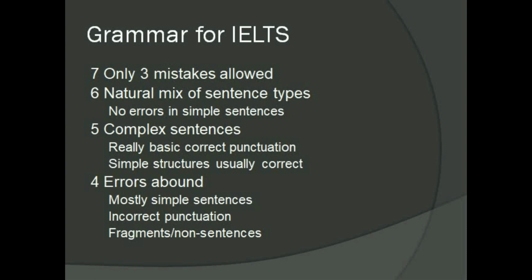And of course, for a band 6, you're looking at getting pretty much no errors in your most very basic sentences. A lot of the people I speak to are aiming for a band 7, and once you get up to this level, you're only allowed 3 mistakes in grammar. That's quite difficult for task 2, 250 words.